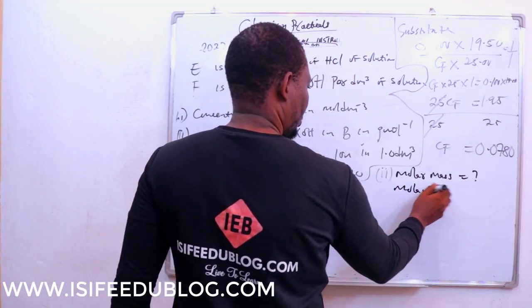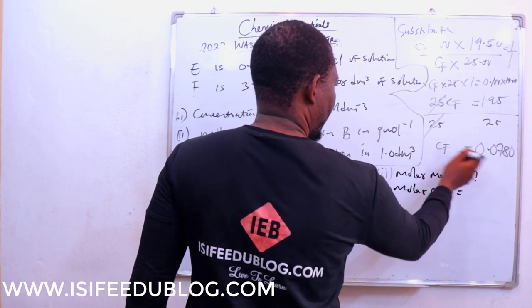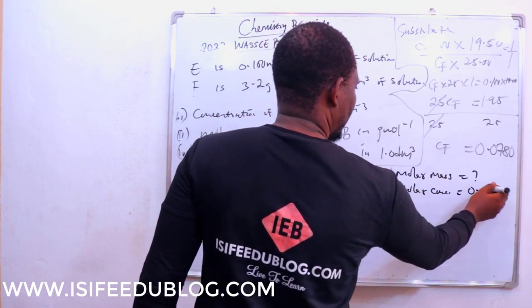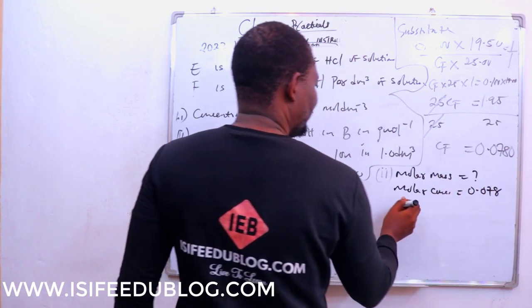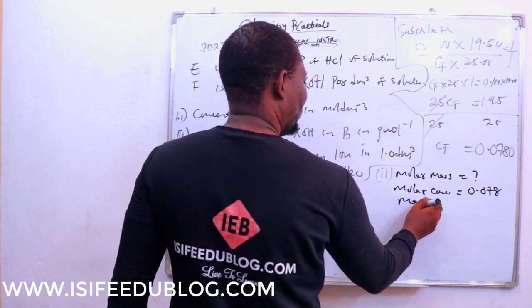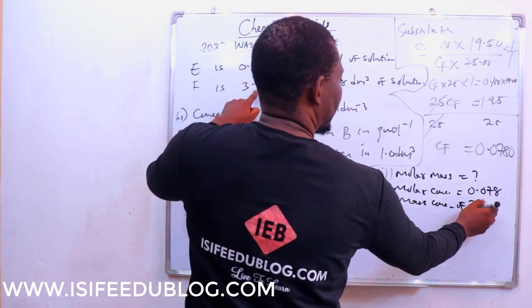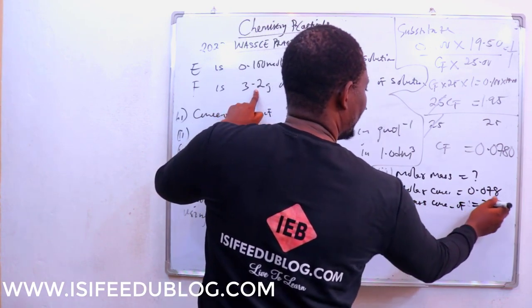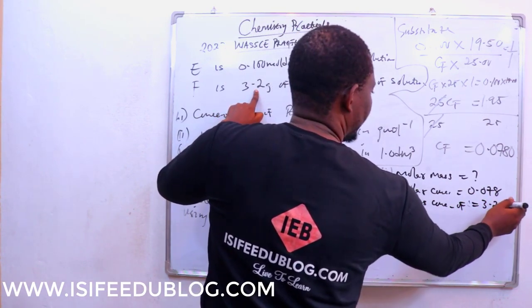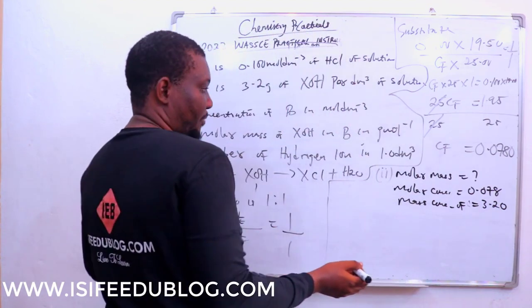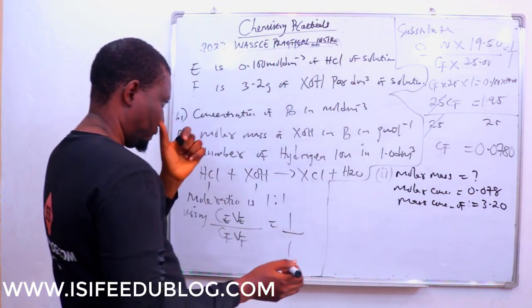The molar concentration of B is 0.078. The mass concentration is 3.20. Let's find the molar mass now.